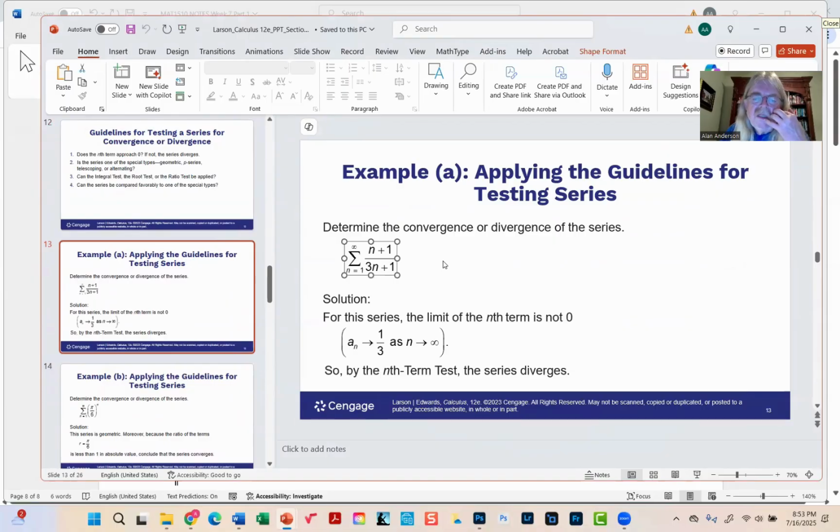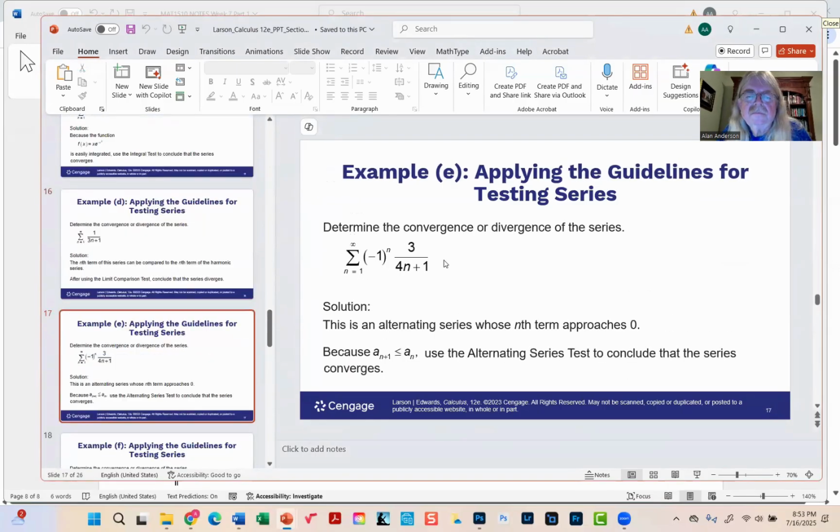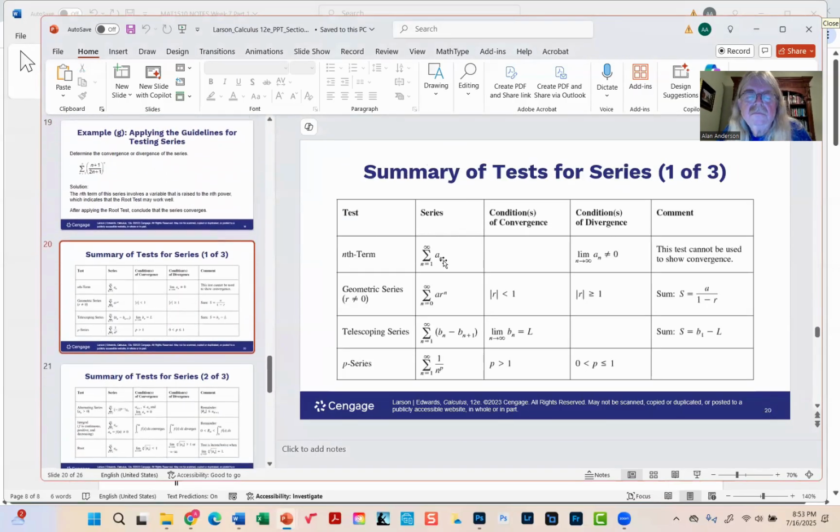Let's see. They're asking us to use the nth term test. No, that should be in the chart. Oh, that's right, this is the one. This one can only show you if the series diverges.